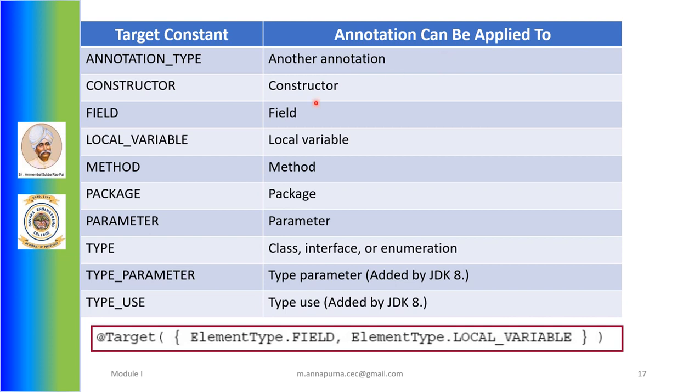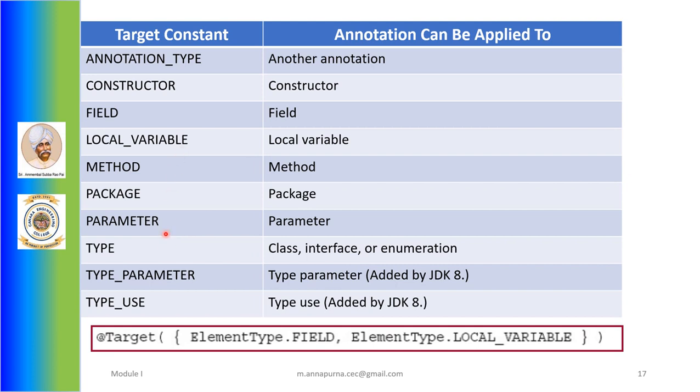So the constants from the ElementType enumeration are shown over here along with the type of declaration to which they correspond. The last two target constants, TYPE_PARAMETER and TYPE_USE, were added by JDK 8. So in the previous versions, we do not have these two target constants.